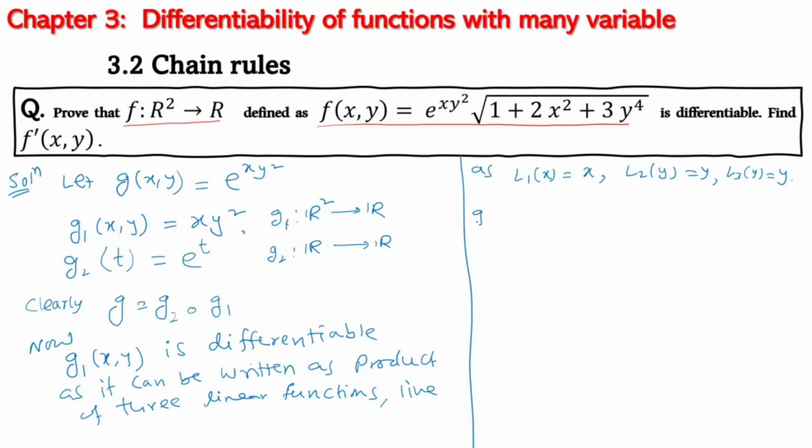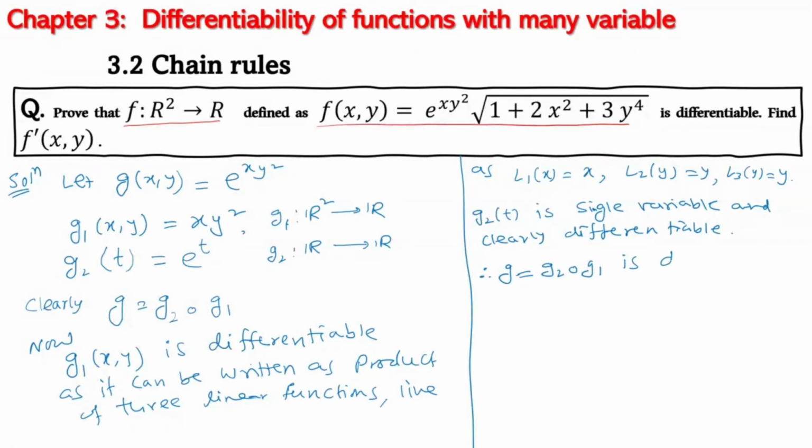And g2(t) is a single variable function and clearly differentiable. Therefore, g equal to g2 composition g1 is differentiable.